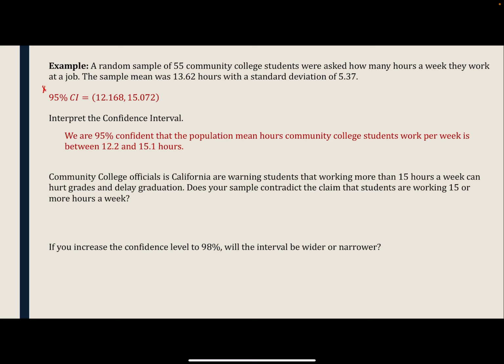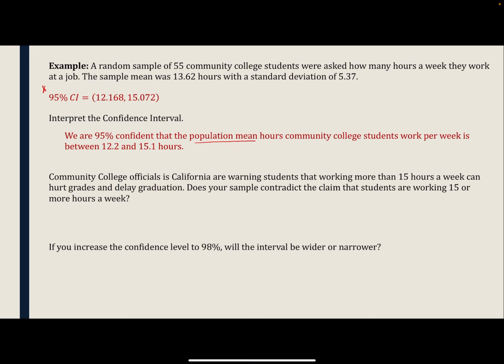A couple things you want to make sure that you are saying here. You're talking about the average number of hours worked by community college students, not the likelihood of individual community college students working this many hours, right? So this is the population average that we're looking at here.